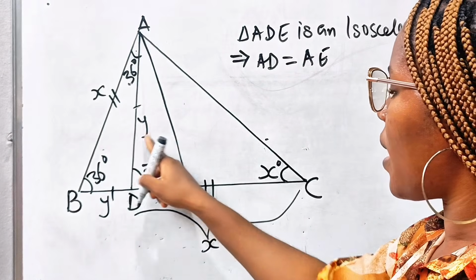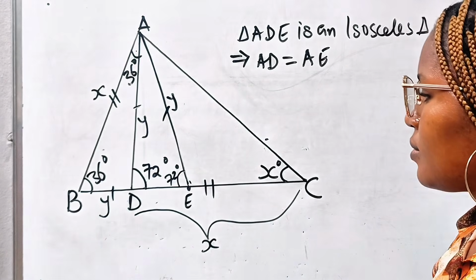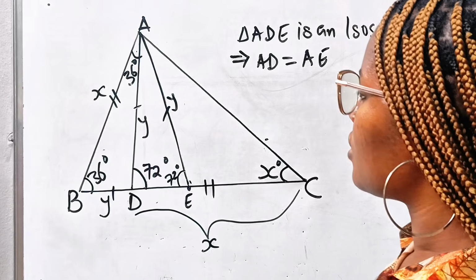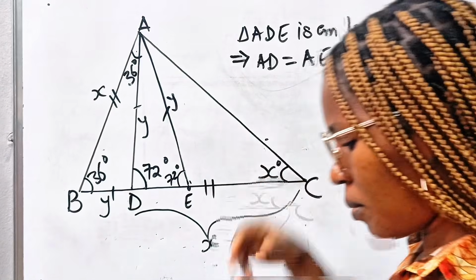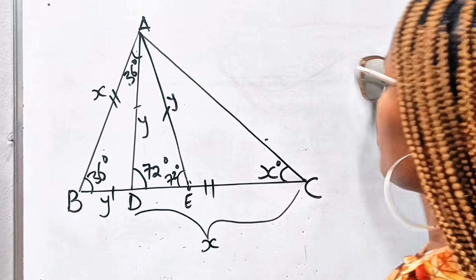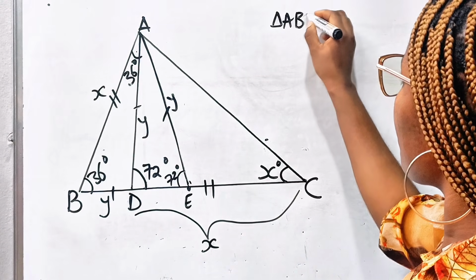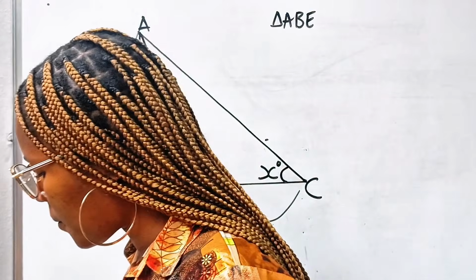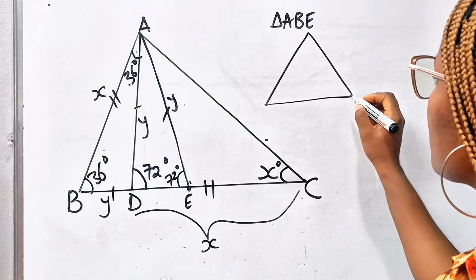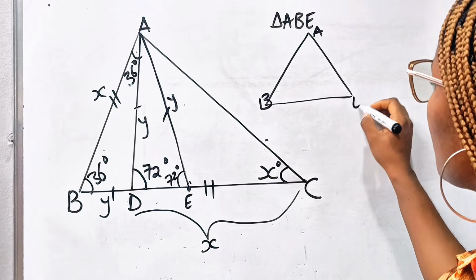So if AD is Y, AE is also Y. Okay, now let us consider triangle ABE. So this is A, this is B, and this is E.